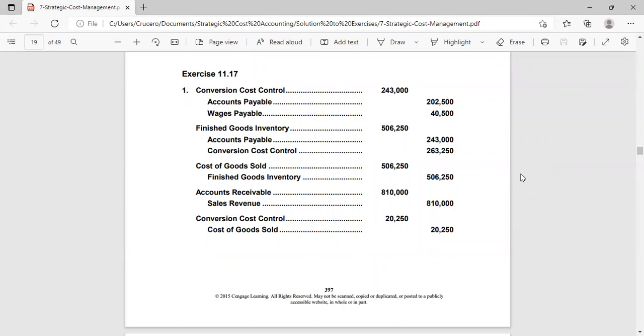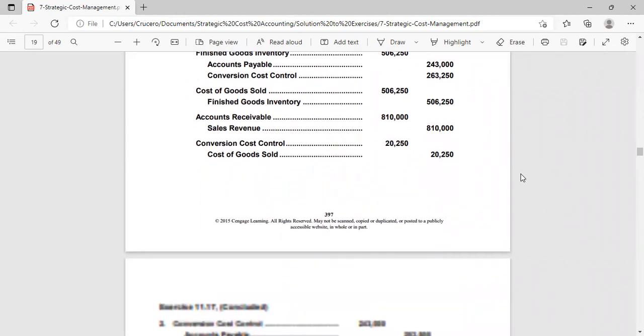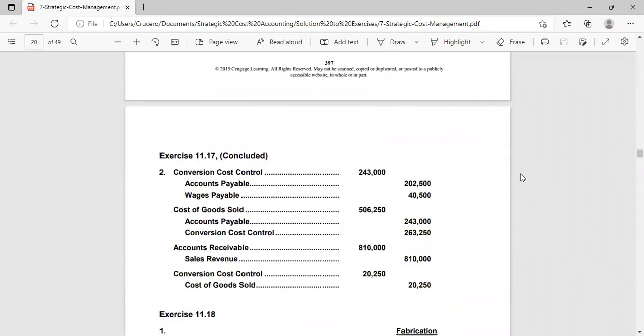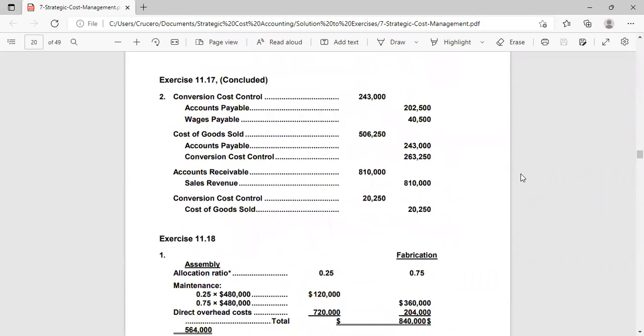Then we debit cost of goods sold, credit finished goods inventory, and debit accounts receivable, credit sales, and finally close the variance.